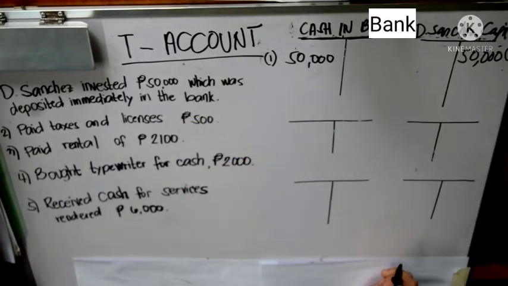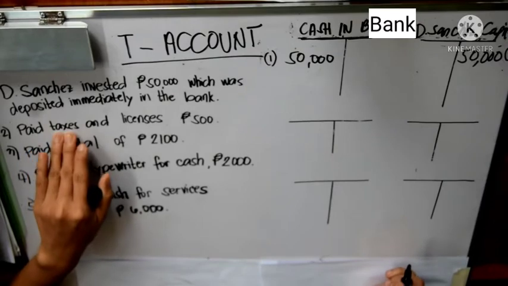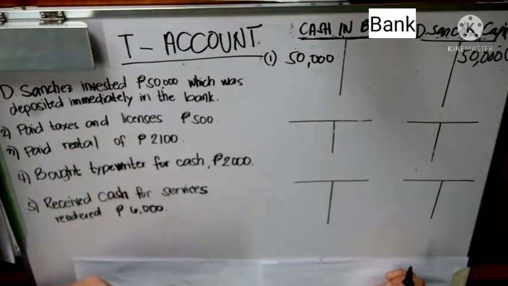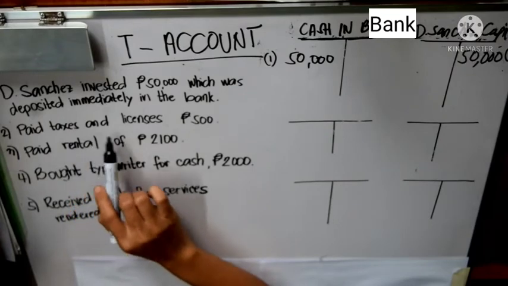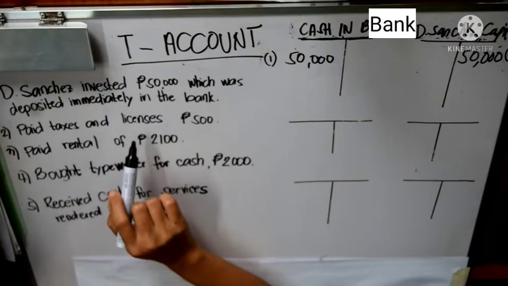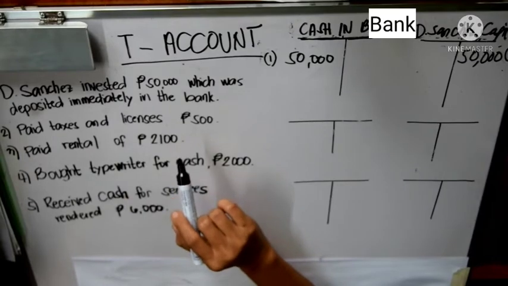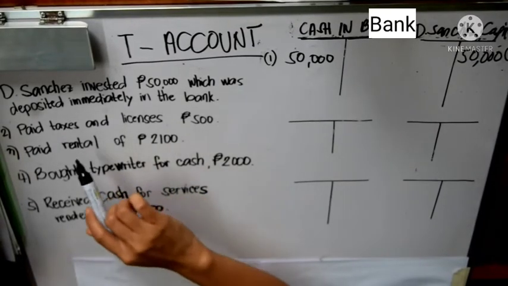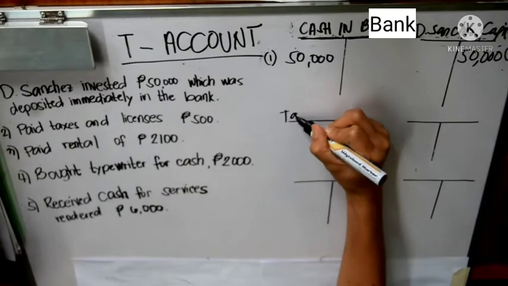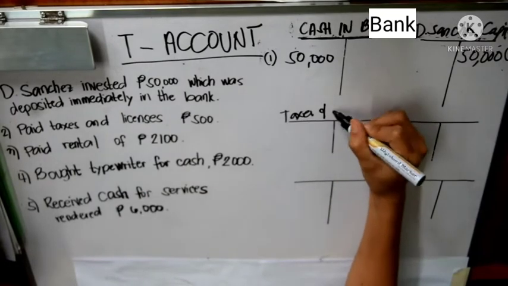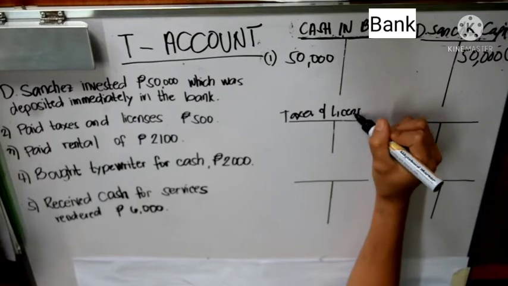Okay. So, number 2, paid taxes and licenses, 500 pesos. So, we debit, ano daw? Binayaran natin yung ating taxes and licenses na nagkakahalaga ng 500 pesos. So, we debit taxes and licenses expense.